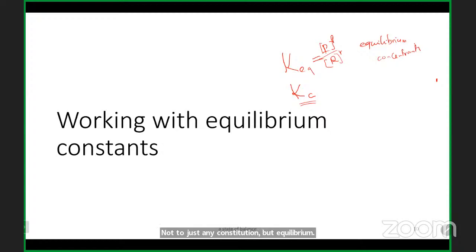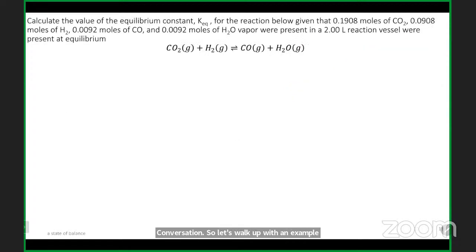So let's work with an example now. I think I'm on slide 11, page 5 of your slides. Calculate the value of the equilibrium constant for the reaction below, given that 0.198 moles were present in a 2.0 liter reaction vessel.